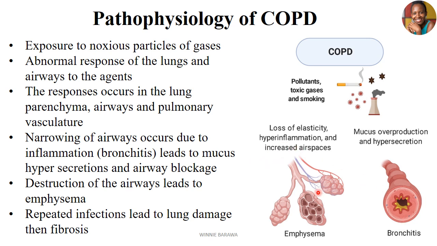But on the other side, in emphysema, we lose elasticity of the airway walls due to the destruction, and in the alveoli they get over-enlarged or hyperinflated, and this client now develops the emphysema status.